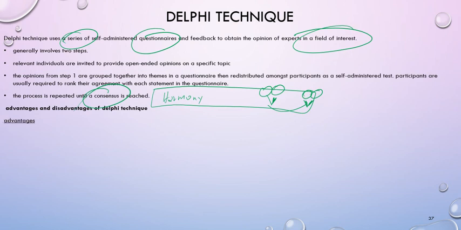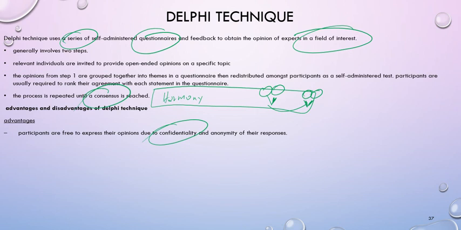Advantages and disadvantages. Advantages of the technique: participants are free to express their opinion, and they do really say that. Number 1, because they're the experts in the field, and number 2, confidentiality and anonymity are maintained. They're not scared to express their opinion because nobody else will be seeing them except the researcher.